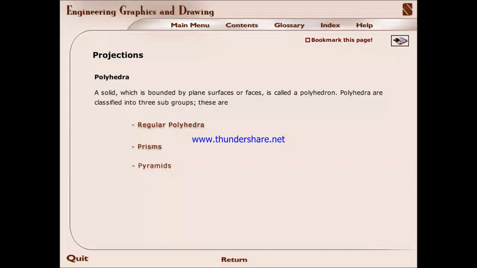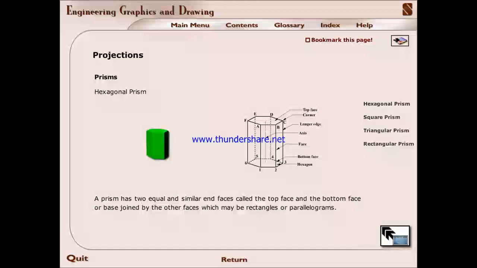Now next, we are going to discuss prisms. Hexagonal prism. A prism has two equal and similar end faces called the top face and the bottom face, or base, joined by the other faces, which may be rectangles or parallelograms.